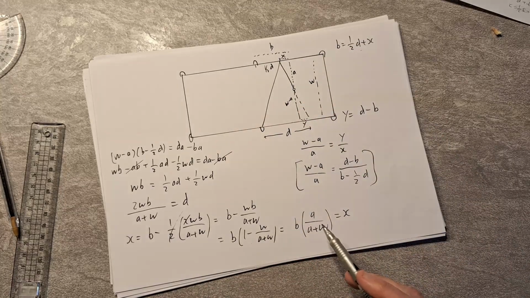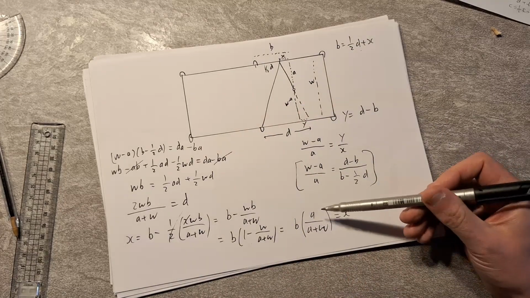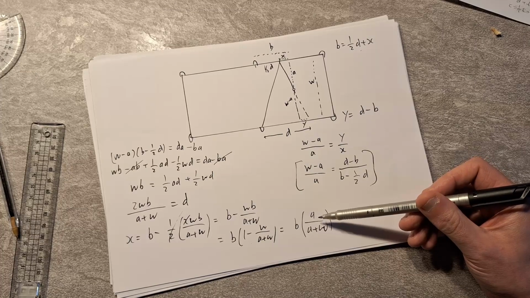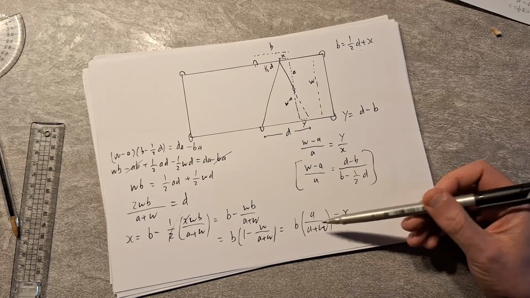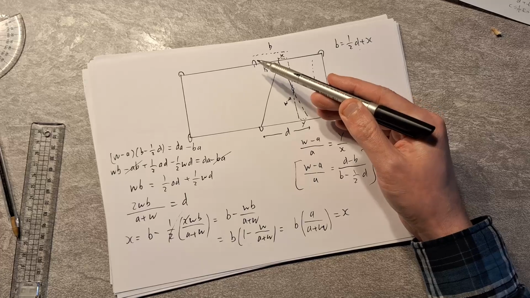So this is the distance from the cushion divided by the distance from the cushion plus the width multiplied by the distance from the pocket.